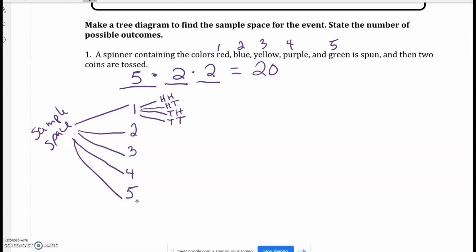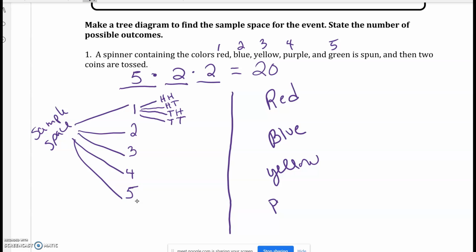So the color, let's try it with a little bit more space, and this time I'll try it red, blue, yellow, purple, and green.